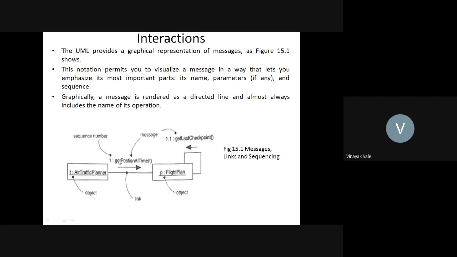It sends a message get position at time T, and this number indicates the sequence number of that message. Here 1.1 indicates the acknowledgement or message regarding 1, which gives the answer get last checkpoint. This is a message given by the flight plan to the flight plan itself.